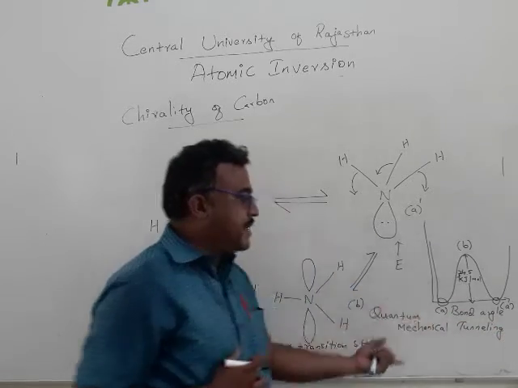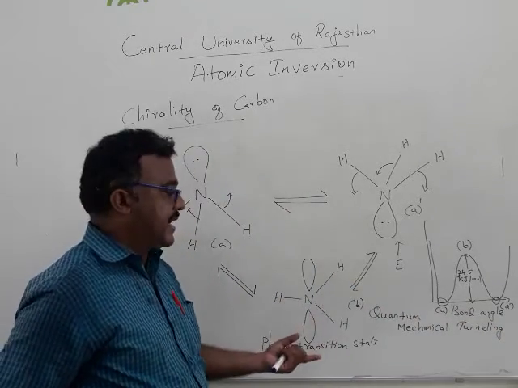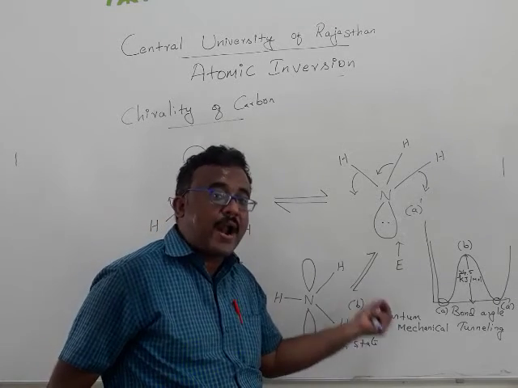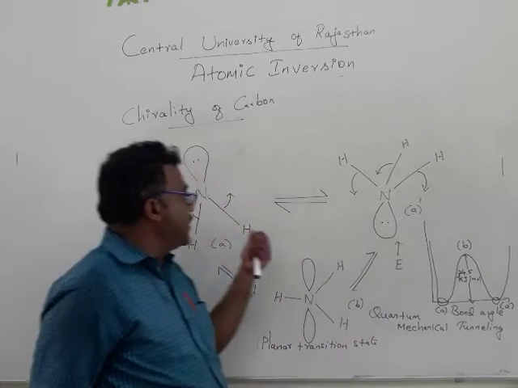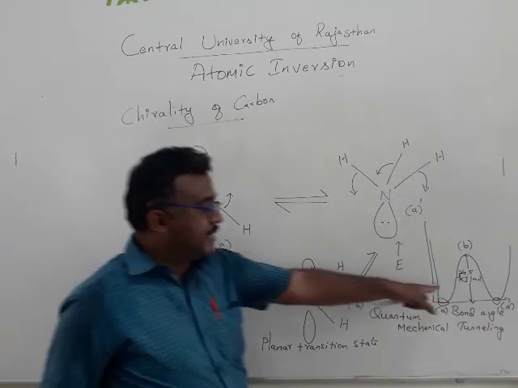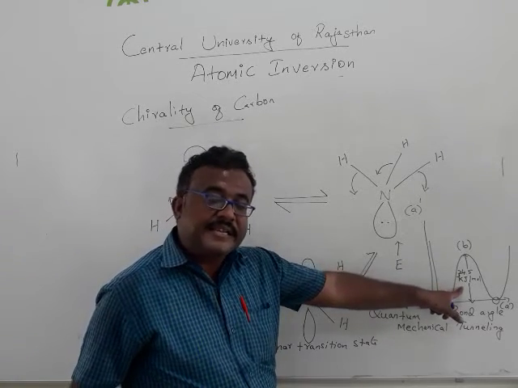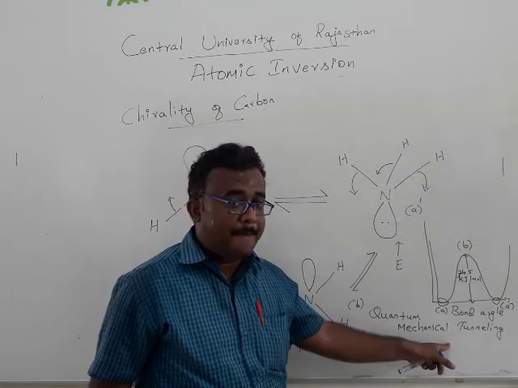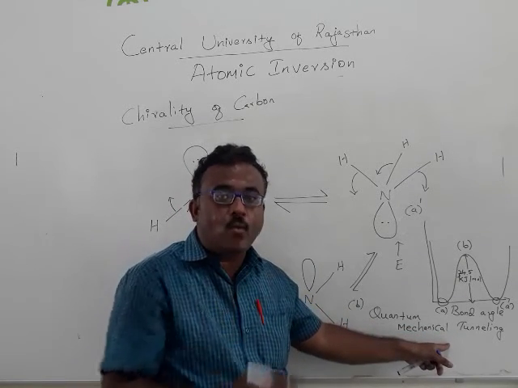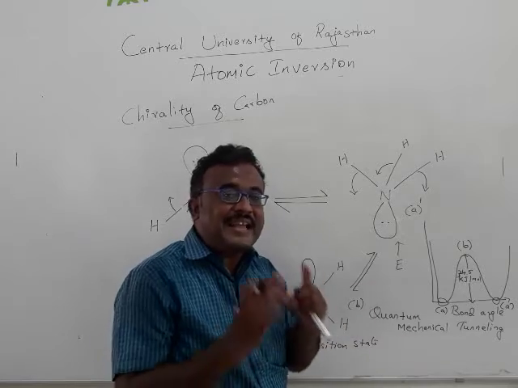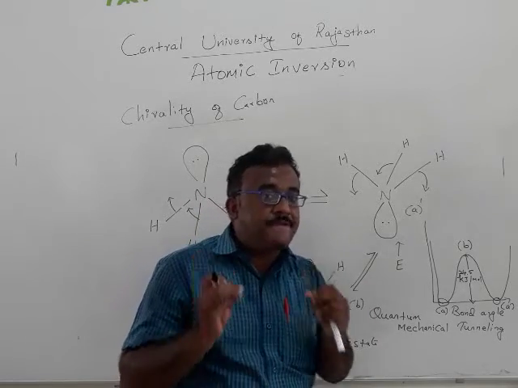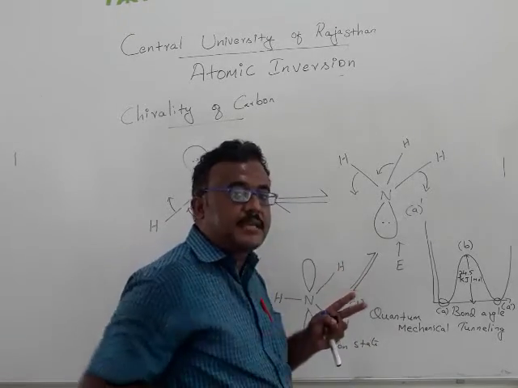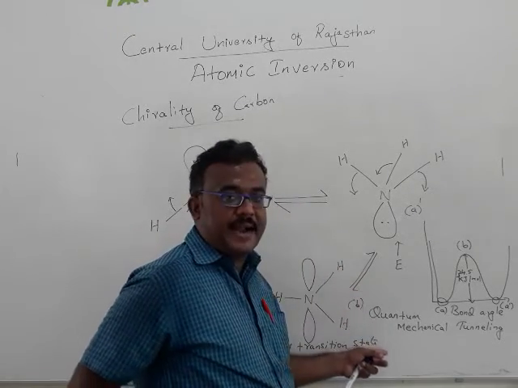This mechanism can occur only if the strain energy is less. And it can happen only with light atoms, not with heavy atoms, because two conditions need to be satisfied for quantum mechanical tunneling.